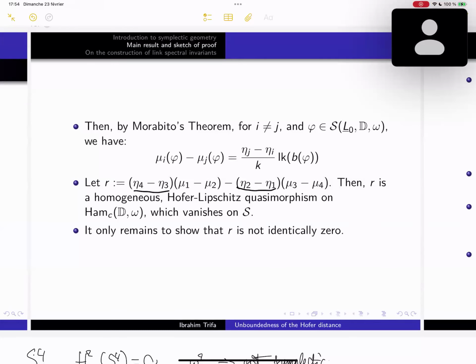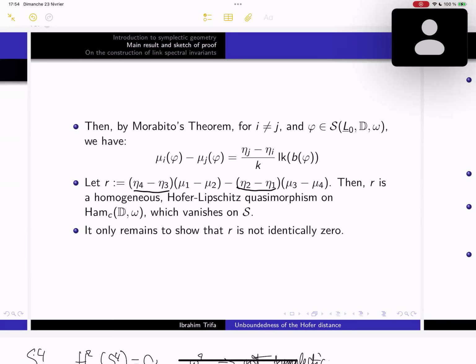We chose those coefficients exactly so that when you evaluate this on an element phi of the stabilizer, this will vanish. Okay, so now we have our homogeneous quasimorphism that vanishes on the stabilizer and is also Hofer-Lipschitz. The only thing remaining is to show that it's not identically vanishing.